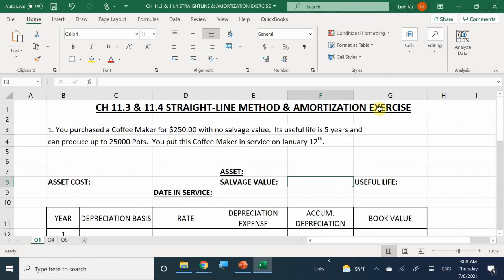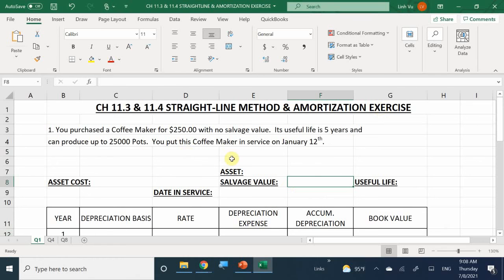Its estimated useful life is 5 years and it can produce up to 25,000 pots. Now, you put this coffee maker into service as of January 12th.